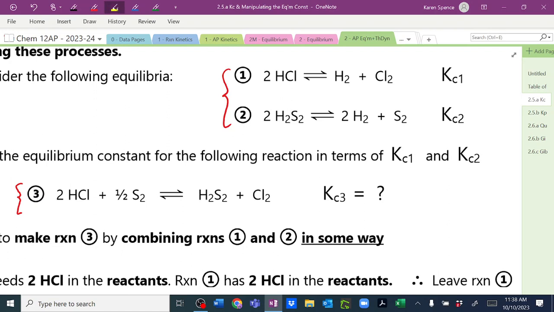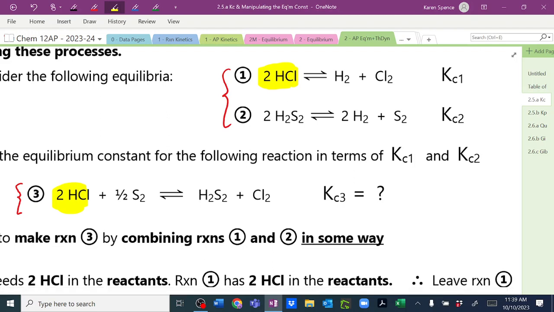Right away, what can I see? I have 2 HCl in my reactants, and I need 2 HCl in my reactants. Okay. So it's looking like I can just use that first reaction as is because I want the 2 HCl. So I'm just going to leave reaction 1 as it is.